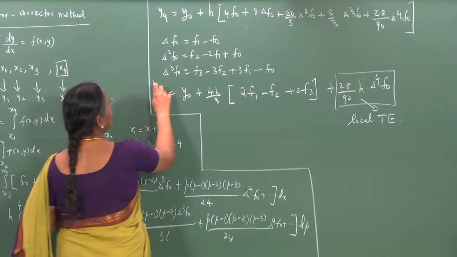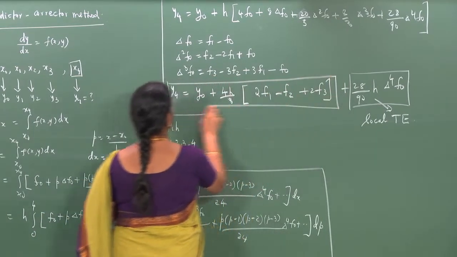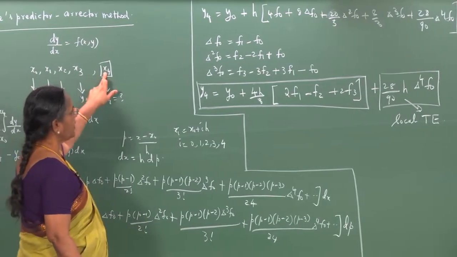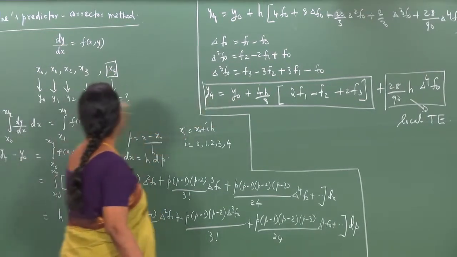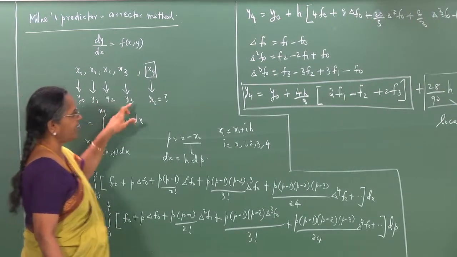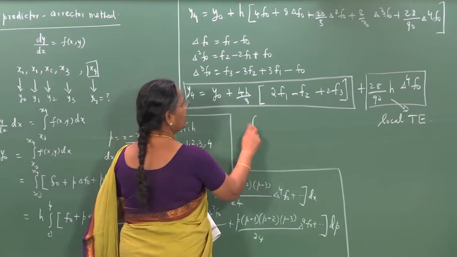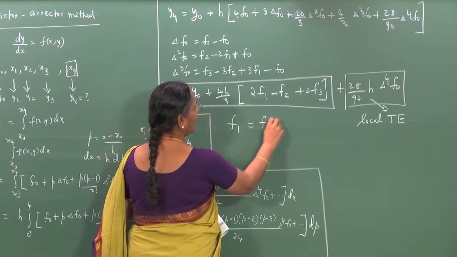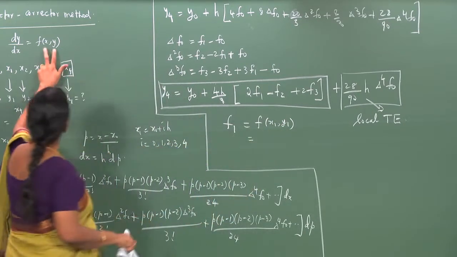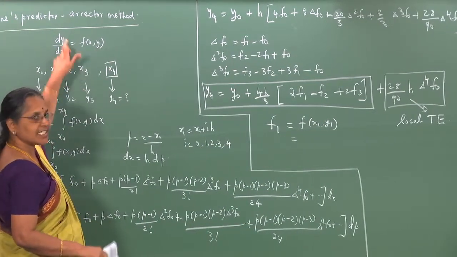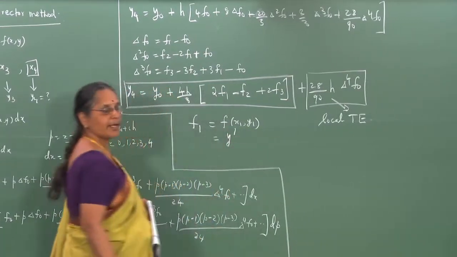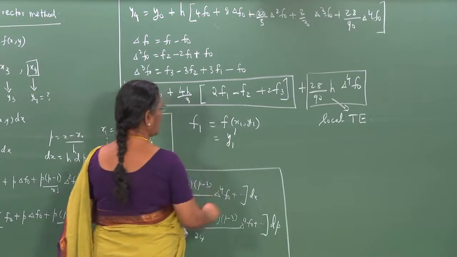So, our method is that y4, the value of y at x4 depends on y naught and then y1, y2, y3, because what is f1? f1 is f at x1, y1, and that is from the differential equation y dashed. So, y dashed evaluated at x1, y1. So, it is y dashed 1.